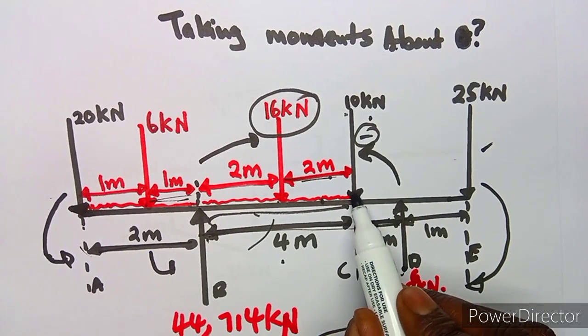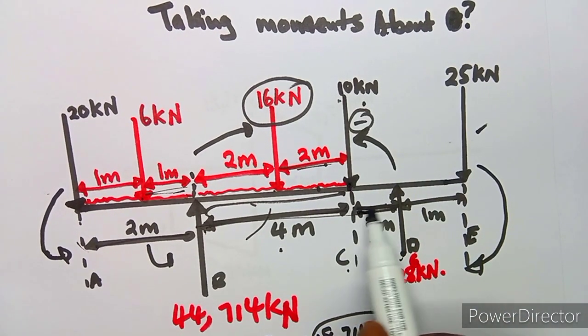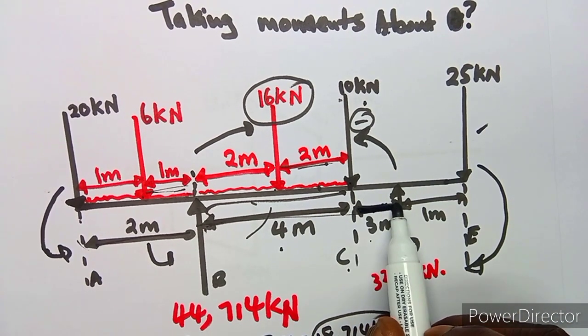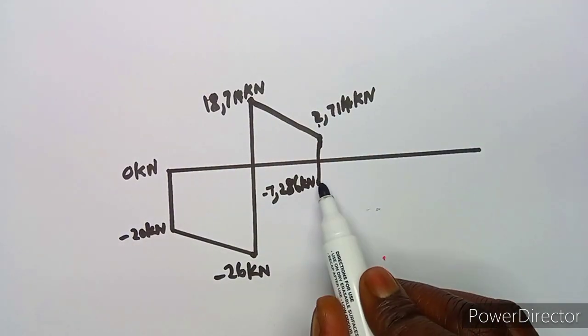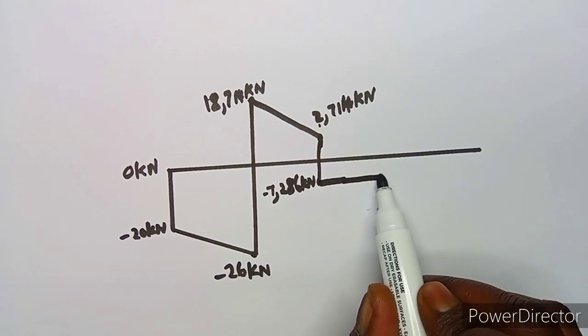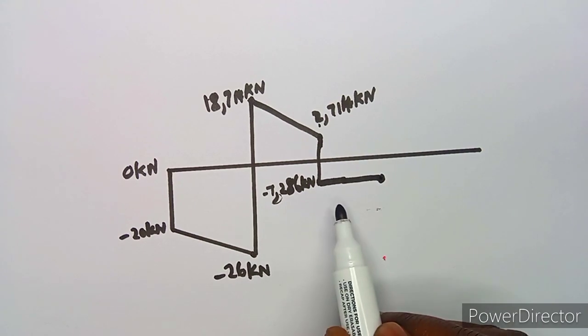Remember, we are at this point 10. From 10, which is at point C, there's a distance of 3 meters. Take note, there's no distributed load here, so you move along a horizontal line because there's a distance in between, which means you are still at the same point at -7,286.